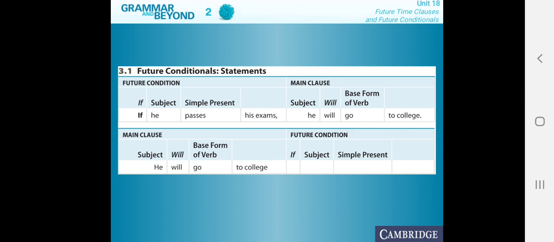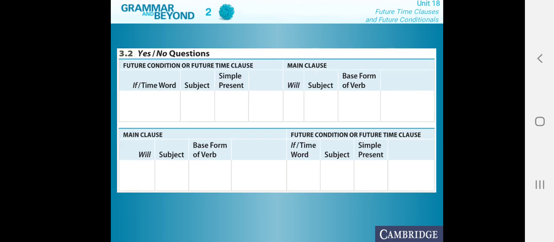He will go to college if he passes his exams. Okay, so again, the only difference between the future conditional sentences and the future time sentences is that instead of having a time word, we have an if.